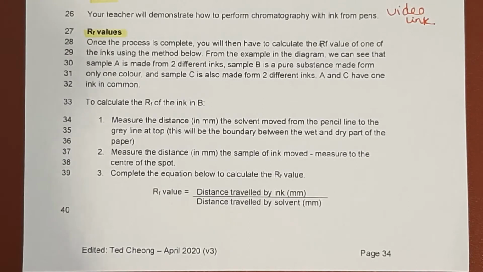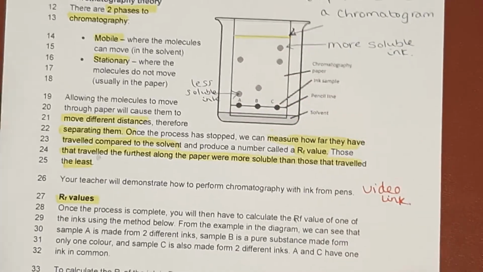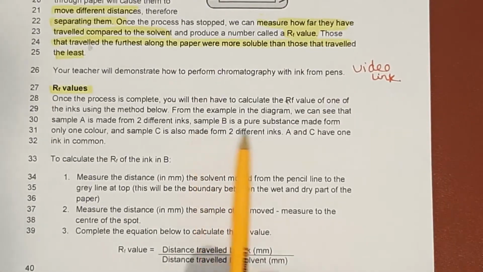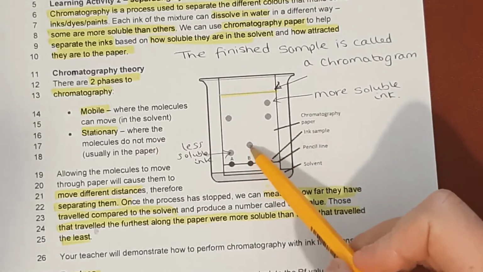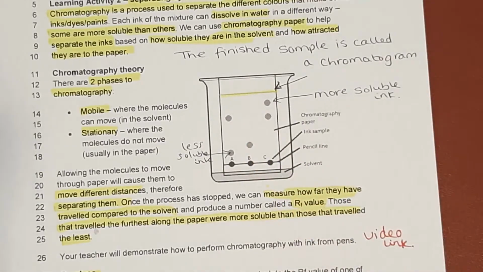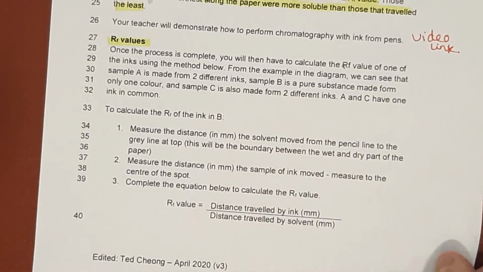From the example in the diagram, we can see that sample A is made from 2 different inks, which we can see there's 2 different inks in A. Sample B is a pure substance made from only one colour, and we can see that too. Okay, so it's only got the one colour here, sample B. And sample C is also made from 2 different inks.